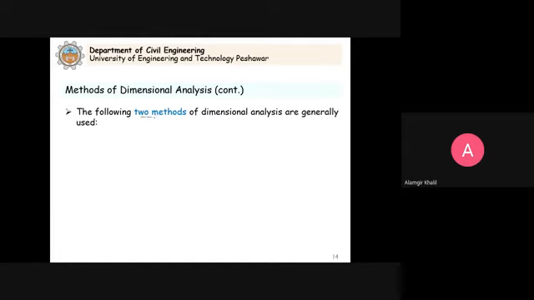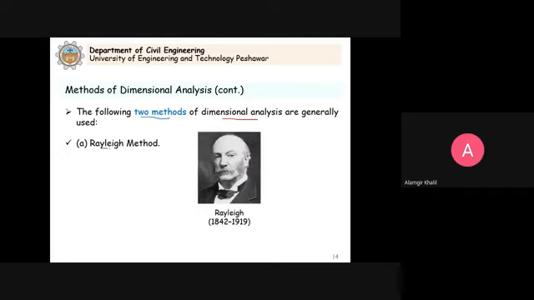We studied that there are 2 methods of dimensional analysis that we study as part of this course. The first one is the Rayleigh method. The Rayleigh method we already applied, but you saw that if the variables are more than 4, then in that case it becomes very difficult to solve the problem.